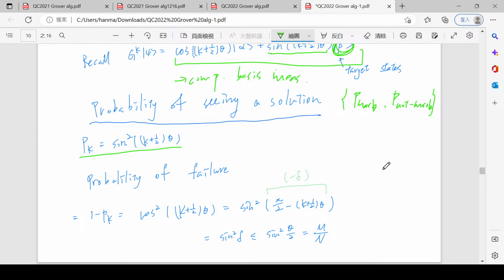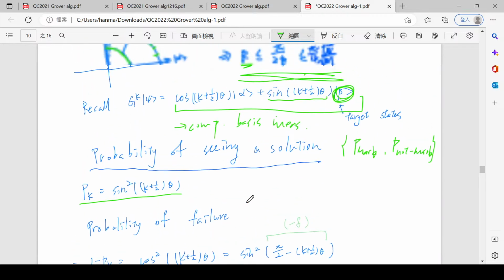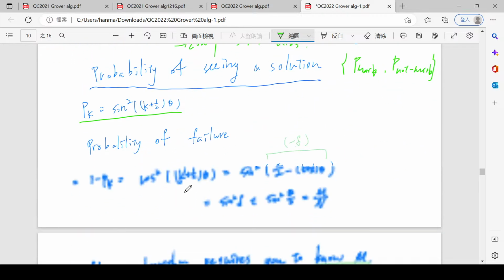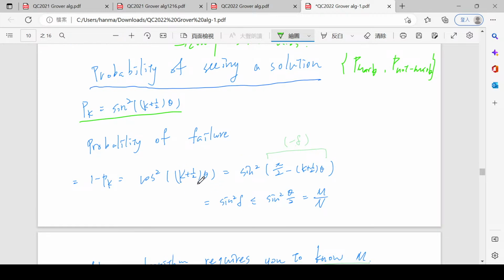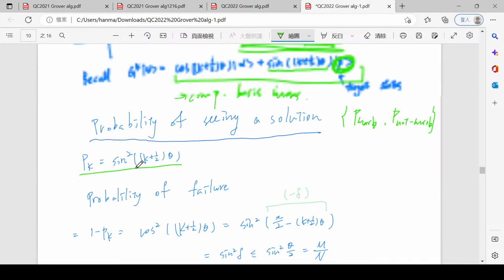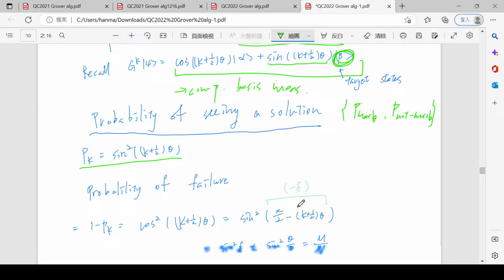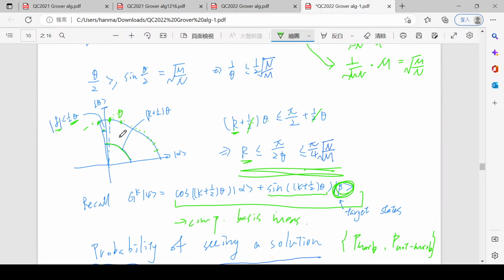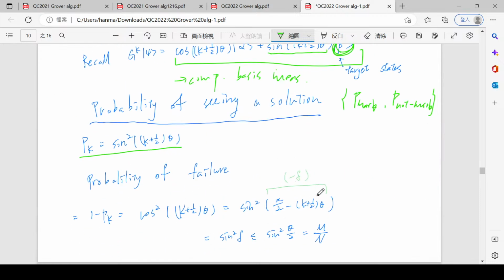And then the failure probability is the probability we measure this other thing, so cosine square of (k plus 1 over 2) theta. And now let's write this in terms of delta. We define the overshoot amount as delta.